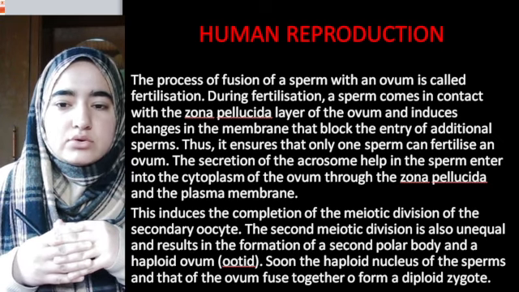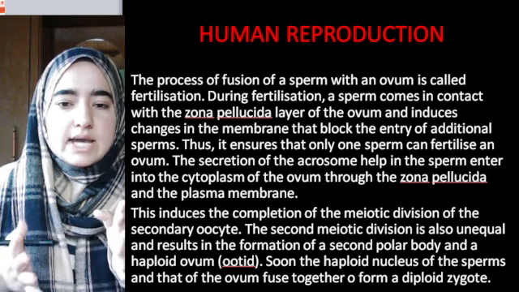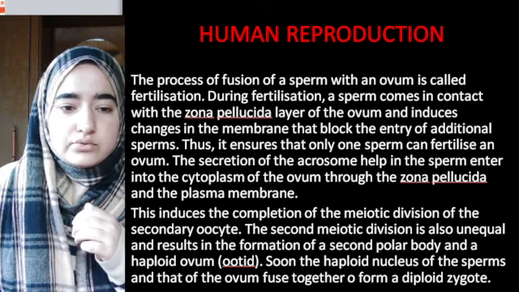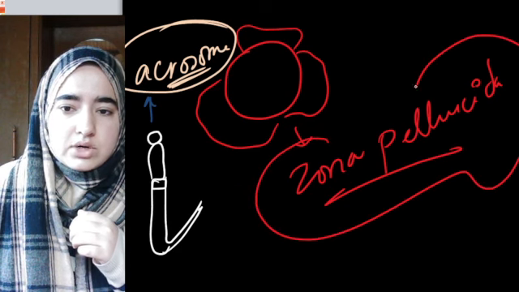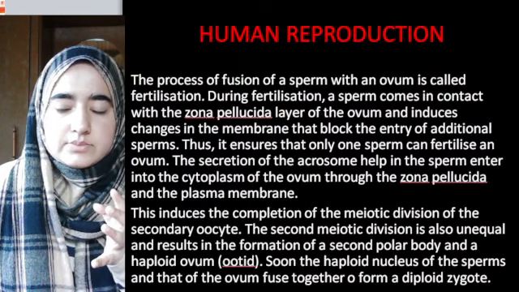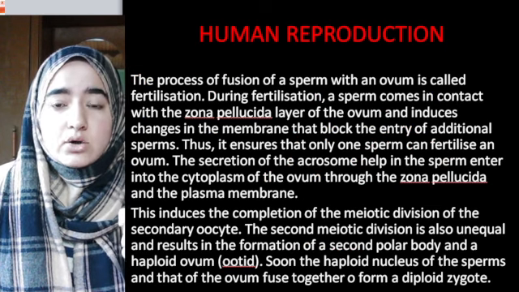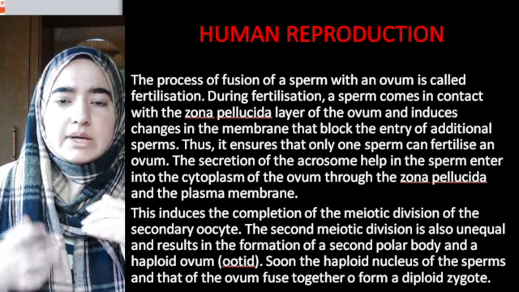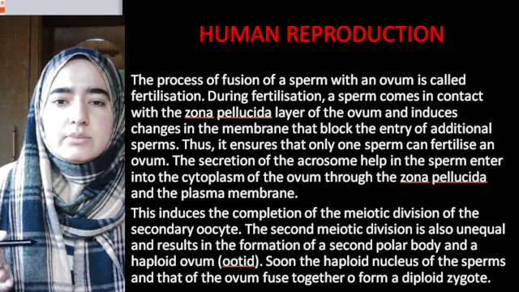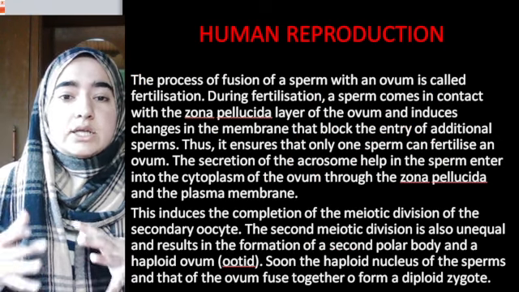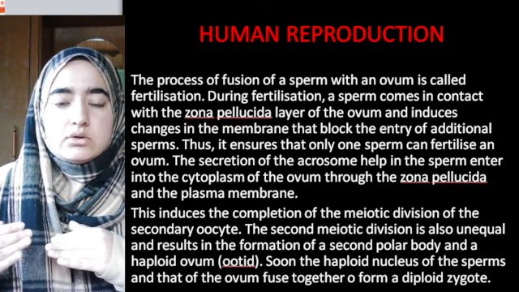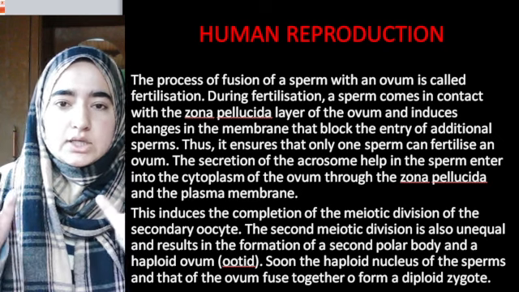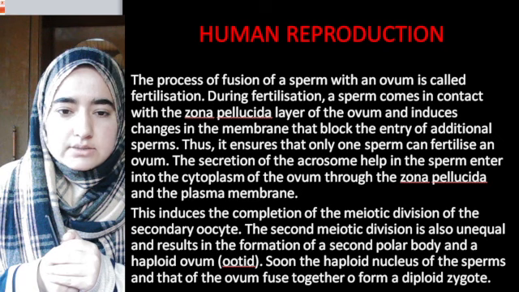Because of the secretion of the acrosome, it helps the sperm enter into the cytoplasm of the ovum through this layer, zona pellucida. And since one sperm comes in contact with the zona pellucida layer, it becomes very difficult for other sperms to come in contact with that ovum. Why? Because the ovum induces some change, due to which additional sperms can't come in contact with this egg. I hope this concept is clear.